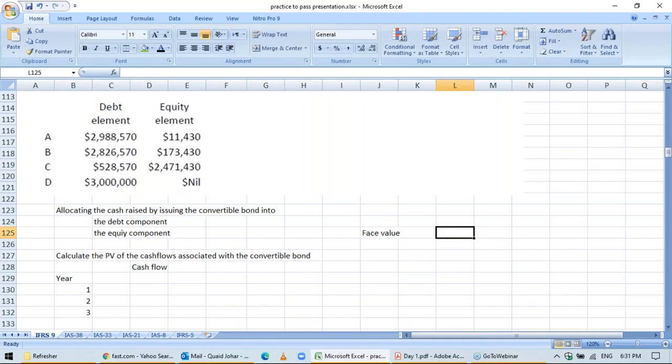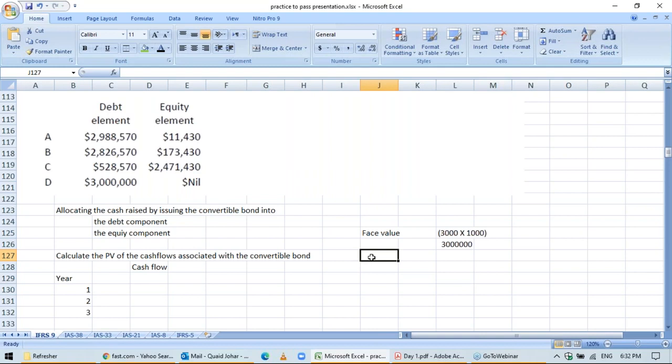The face value was 3,000 bonds multiplied by 1,000, so this was the face value, 3 million.